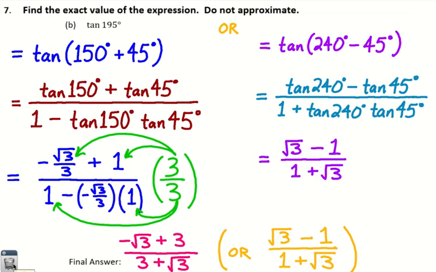So, how about this? You had at least a couple different options here to work with 195. Hindsight being 20/20, wasn't this the much quicker, cleaner way to do it? Because if you did it this way, you had to clean up this nasty fraction within fraction stuff. But here, just getting root 3 from the tangent of 240, you could have stopped right then and there. Okay?